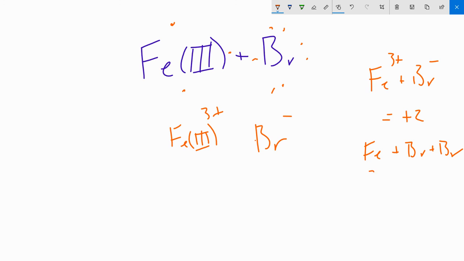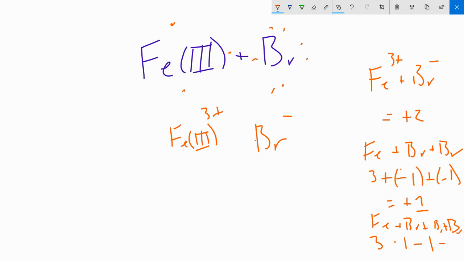Then that's going to be 3 plus -1 plus a -1. So that's going to be, we still have a +1. So let's add another bromine. Fe plus Br plus Br plus Br. So that's 3 minus 1 minus 1 minus 1. Hey, that is equal to 0.